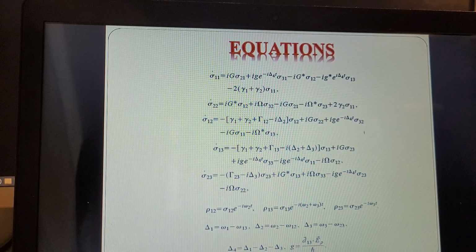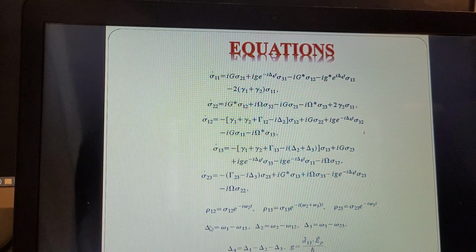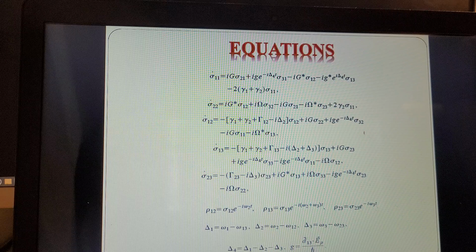As you can see here, we have delta 1, but what does delta 1 mean? Delta 1 is the detuning. What does detuning mean? Your laser field has a frequency. If we consider this a coupling field, it has the frequency named omega 1.